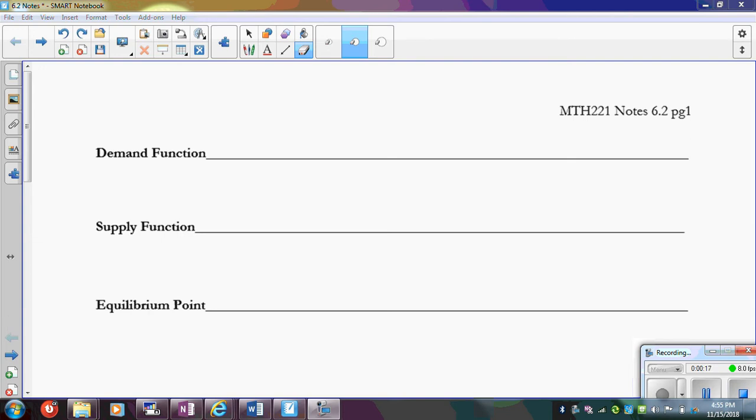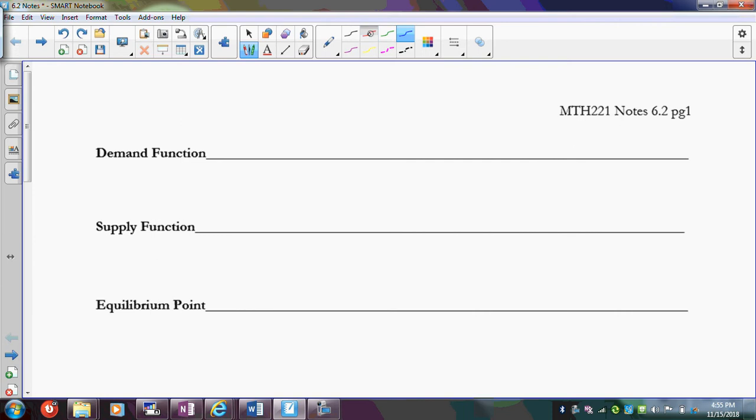So first of all, just a reminder, the demand function is really the amount of money that consumers are willing to pay for a certain number of units. So typically we represent the demand function as d of x. And what that would mean is d of x would be the price, or the y value is the price.